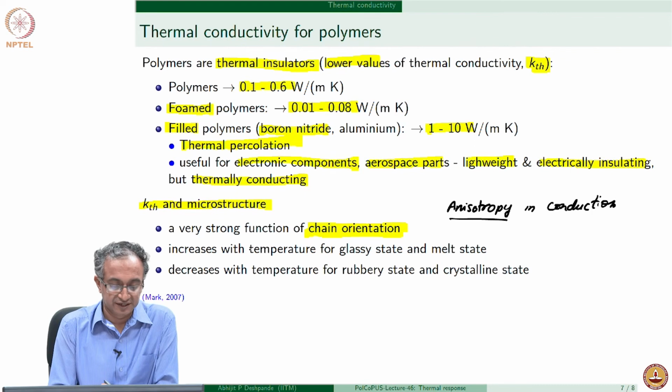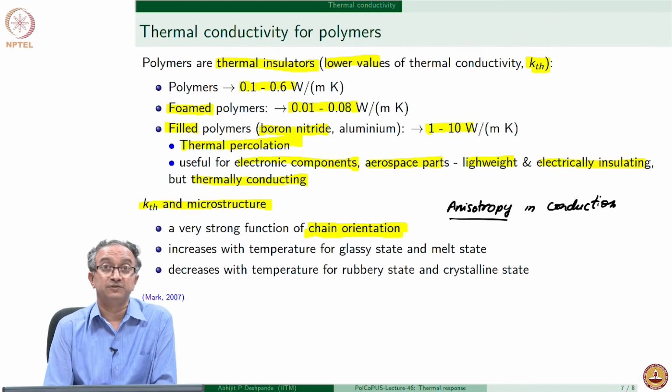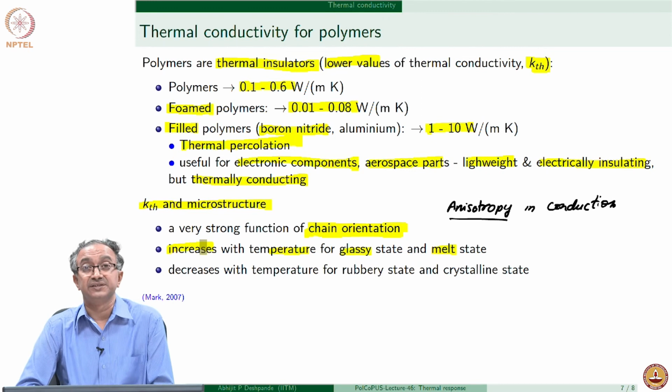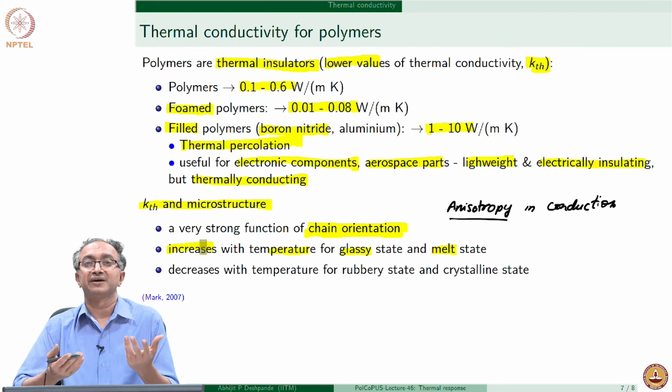The second aspect is related to what happens with respect to temperature. If we increase the temperature in the glassy state or in the melt state, the conductivity increases. Why would this be the case? Is it because when we increase the temperature, we allow higher thermal energy and it is easier for phonons to conduct heat?